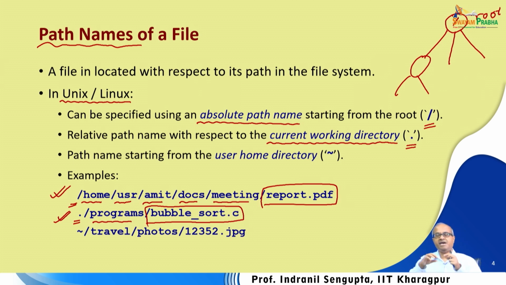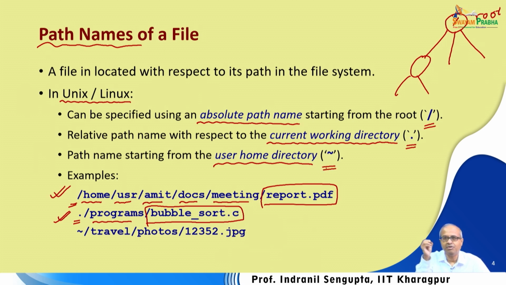And the third thing is that, let us say in Unix or Linux, whenever you log into the system, you normally log in to your home directory. There is something called the home directory. Under the home directory you can create your folders, you can create your subfolders. So, the third method is with respect to the user home directory. Now, your home directory you can specify by this symbol, tilde.